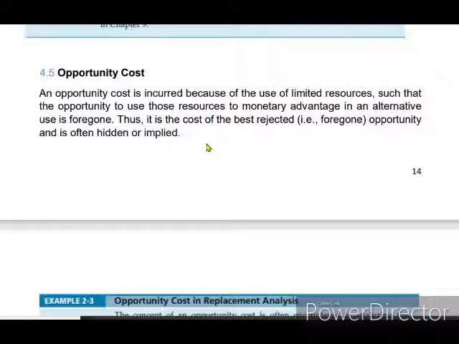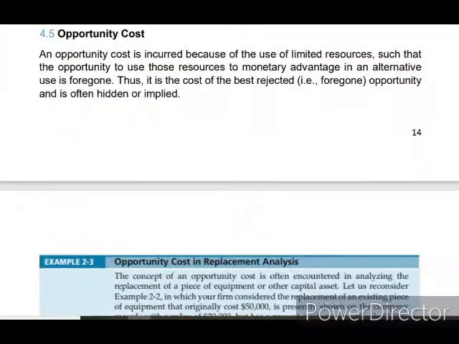Okay, so these are the costs that arise from the opportunities that we do not decide to grab or to use. When we decide not to use a resource, there is an opportunity cost there.